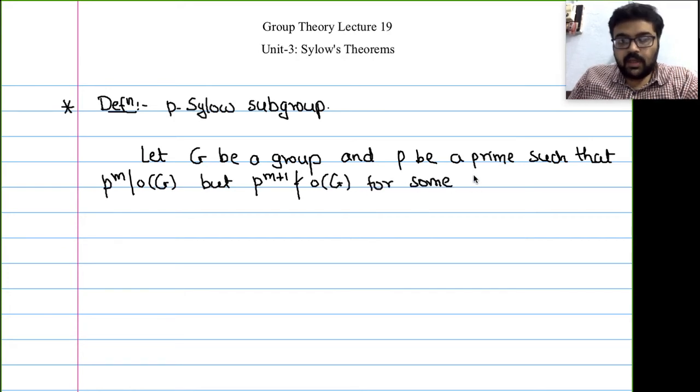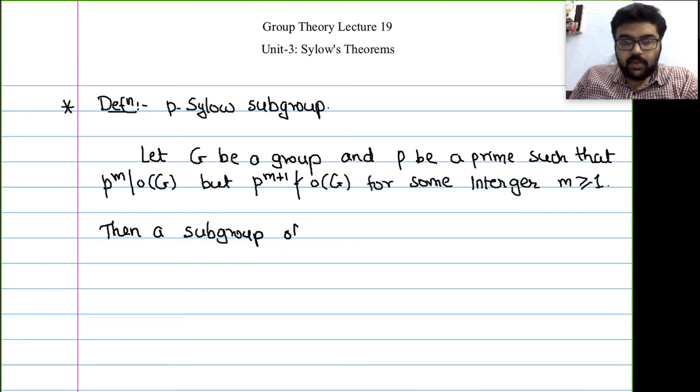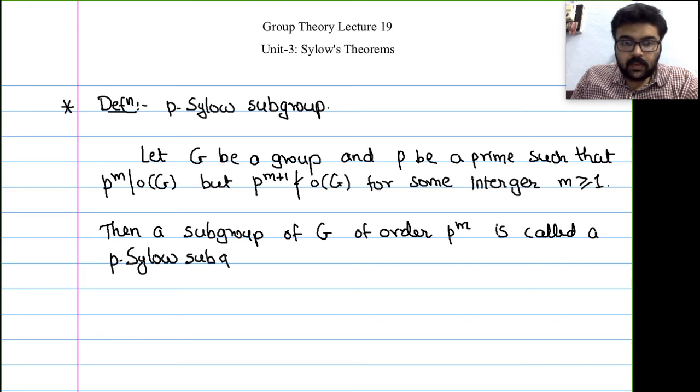There is some m so that p^m divides the order of G, but no higher power divides the order of G. So p^(m+1) and onwards do not divide the order of G. Then a subgroup of G of order p^m, the highest prime power dividing the order of G, is called a p-Sylow subgroup of G.